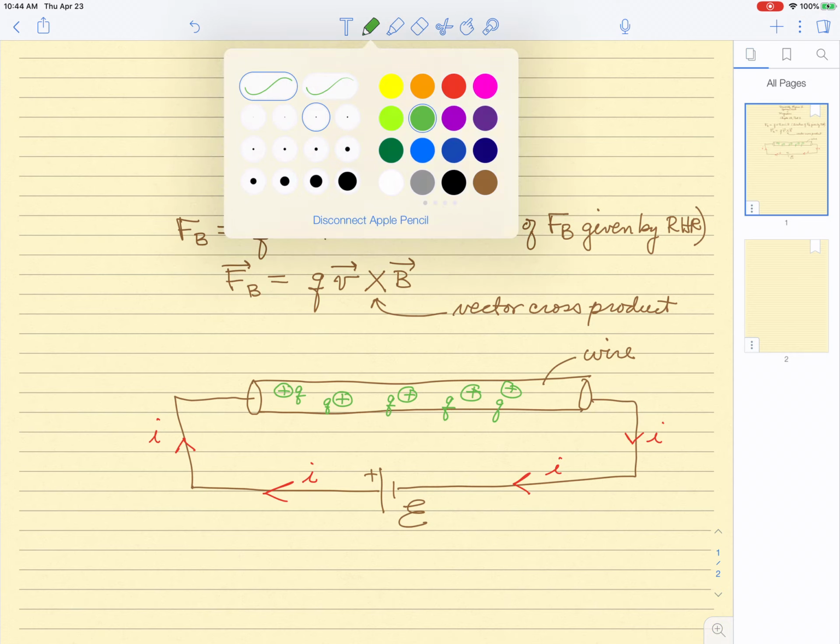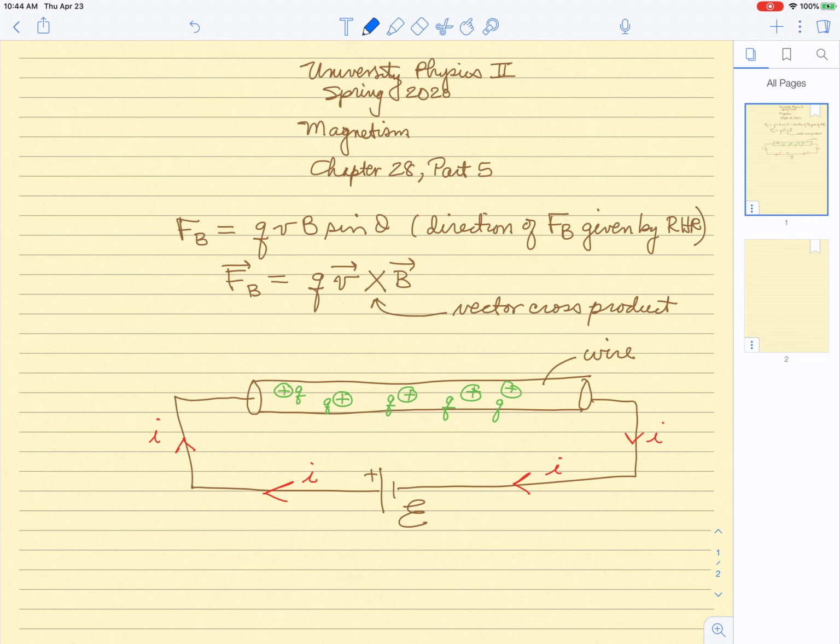And we know that they are moving from left to right with some speed. Earlier we called this the drift speed. So they're moving with some speed, velocity, in the direction v.